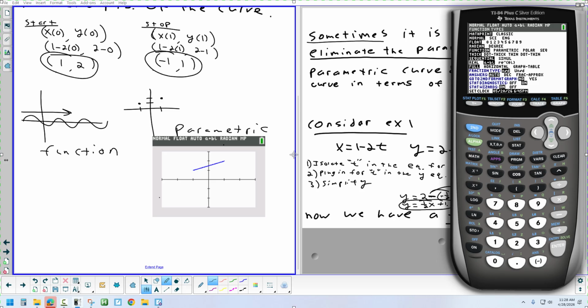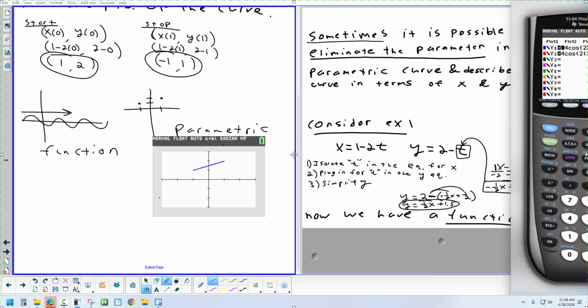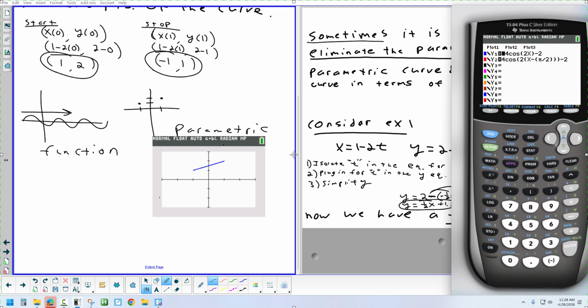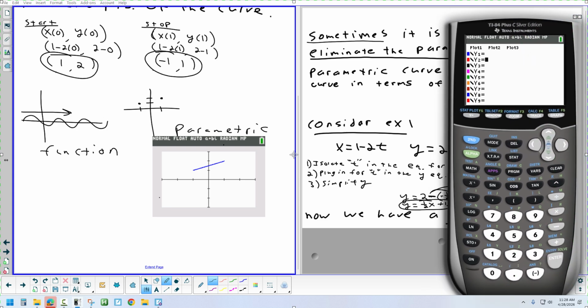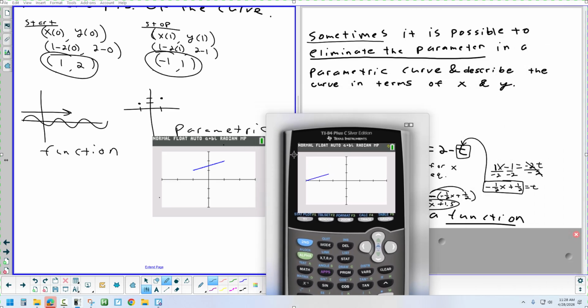When I switch back, everything about my window is going to stay the same. Remember I set it from -3 to 3? It's going to keep all that. Okay, so that's all fine. Now just type in 0.5x plus 1.5. Okay, and compare the two.